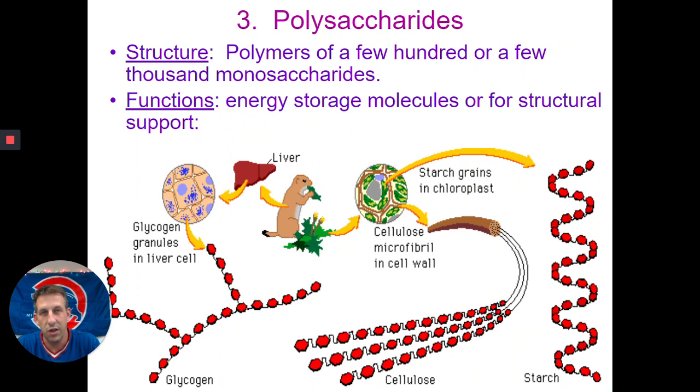So the exoskeletons of a lot of bugs are made up of chitin, a highly organized, very strong polysaccharide. The chitin we see here is analogous to the cellulose. The glycogen is analogous to the starch. Starch and cellulose are plant-based. Glycogen and chitin are animal-based.